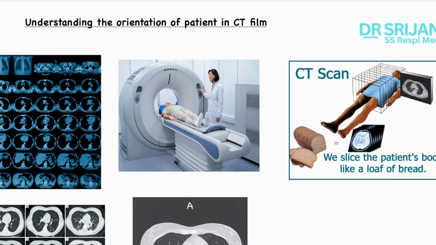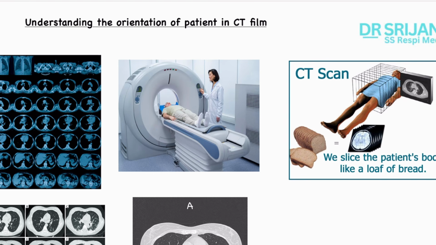The second reason I talked about this is because of the side determination. This is the left side of the patient. This is my right side, but this is the patient's left side. So this will be the left side. This is the patient's right side. You all will agree. So on this CT scan, this is the right side. I've already marked it over here. This is the right side. This is the left side.